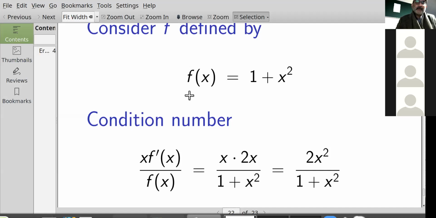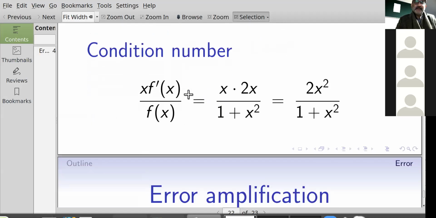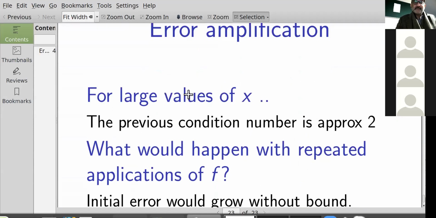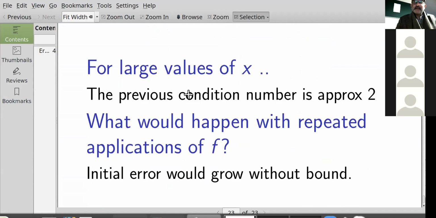Right? So now what happens if you have a loop and you're applying this f over and over again? The initial error is going to grow without bound.